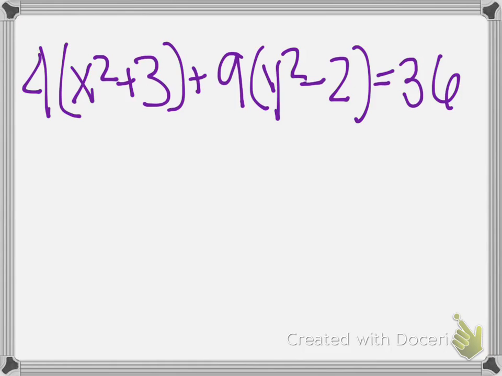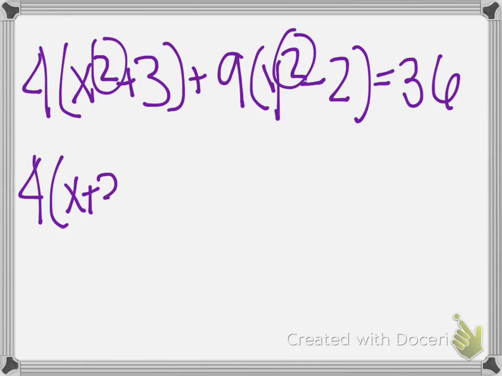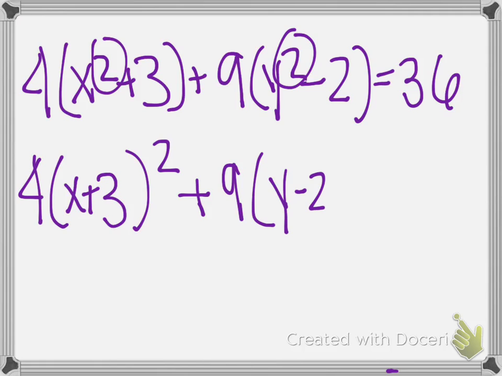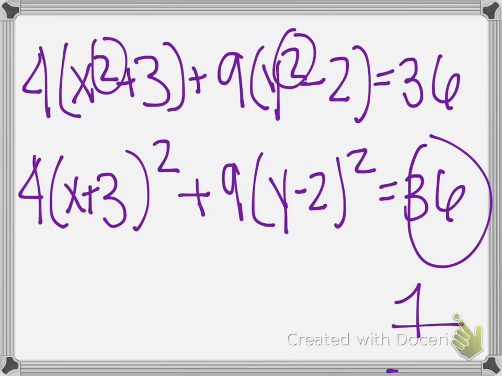And then the squared, you want that on the outside, so it should be 4x plus 3 squared plus 9y minus 2 squared equals 36. And in all the equations, you want this number on the outside to become 1.